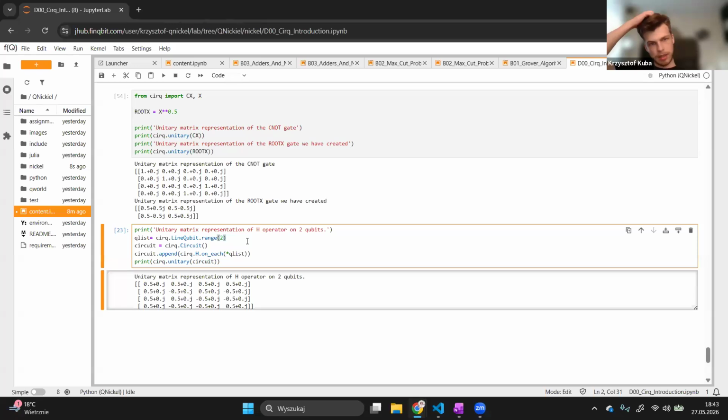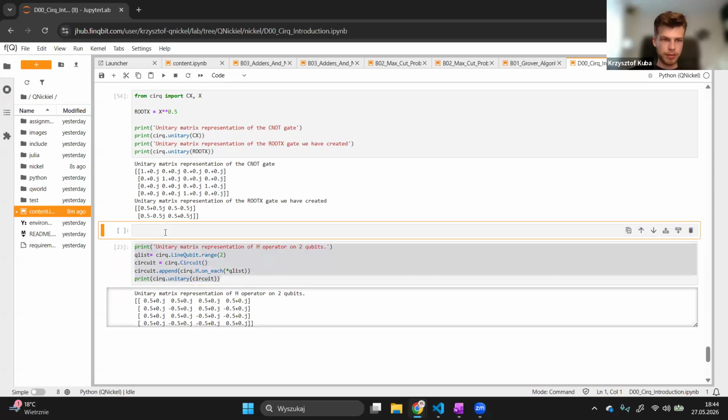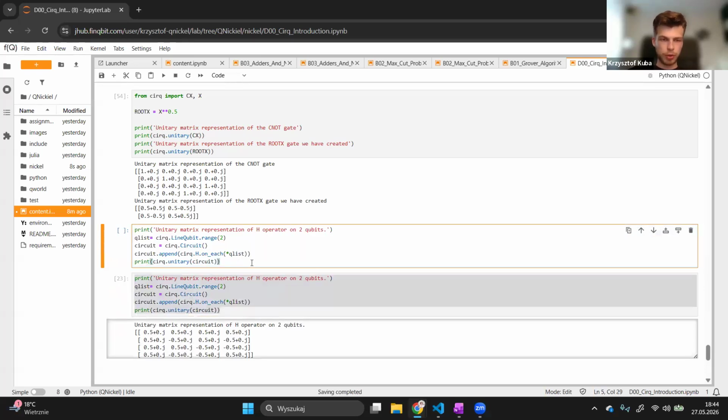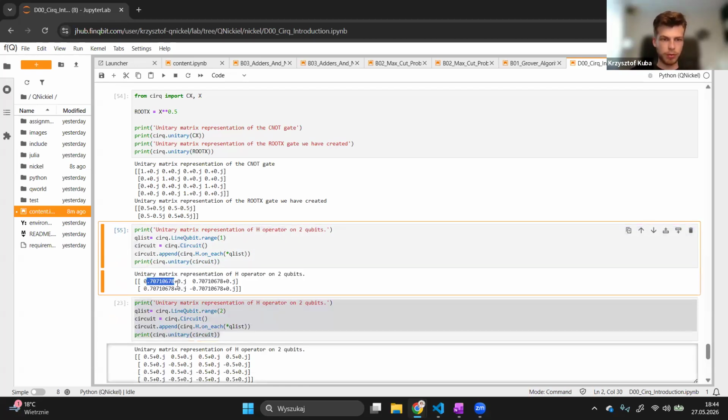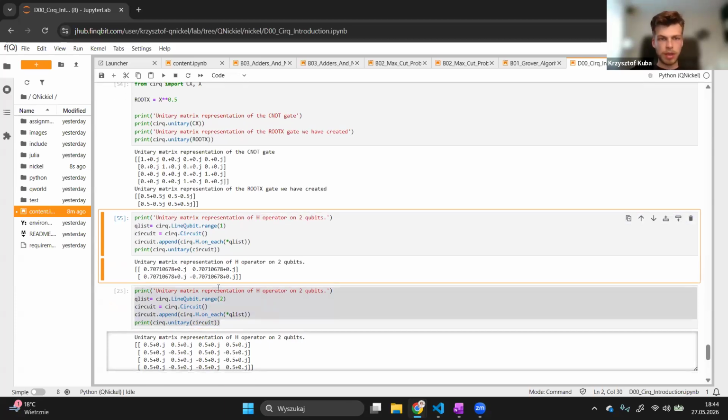And we also have the representation of the Hadamard gate, but on 2 different qubits. Previously, the Hadamard gate on 1 qubit is just 1/square root of 2, and here with the minus.